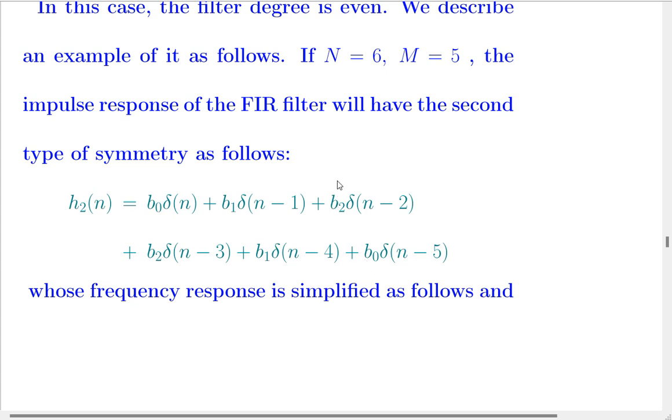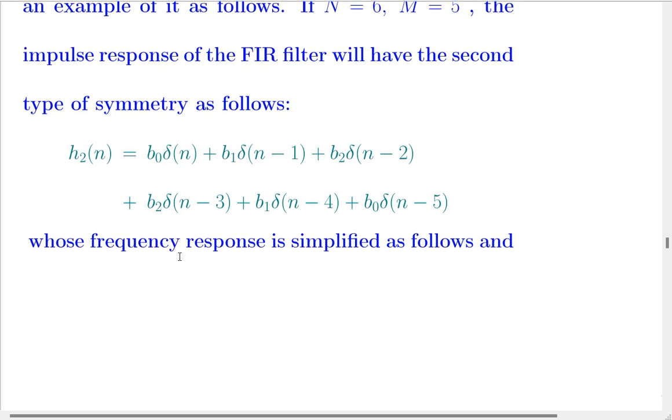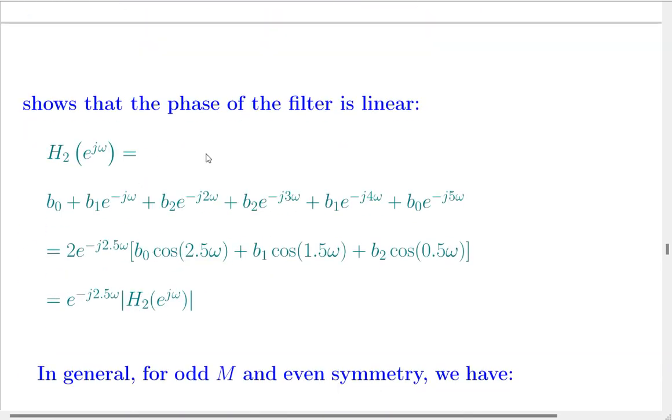The first type had only one term of b2, but here you see completely b0, b1, b2, b2, b1, b0 with the corresponding delta, whose frequency response is simplified as follows and shows that again the phase of the filter is linear.